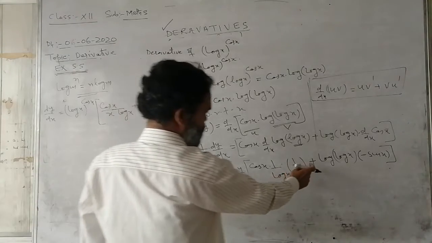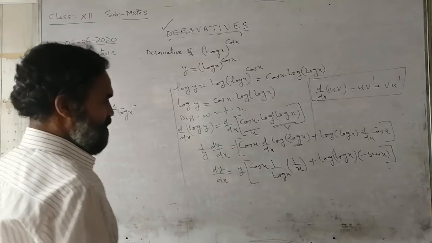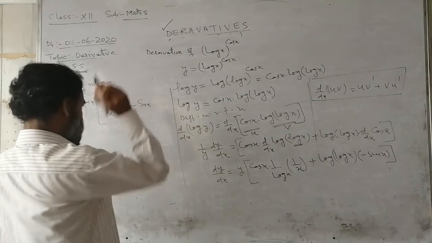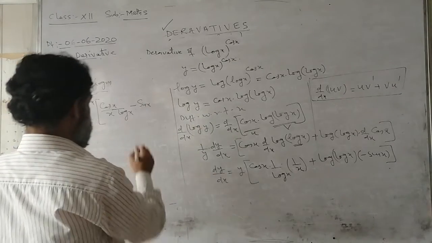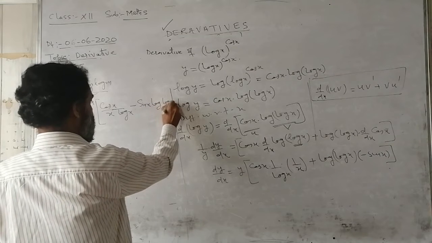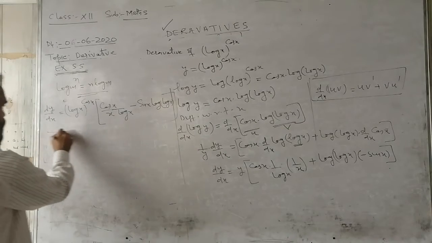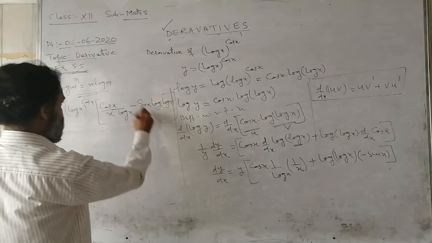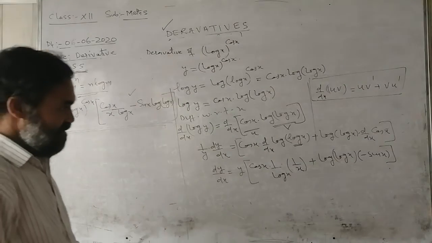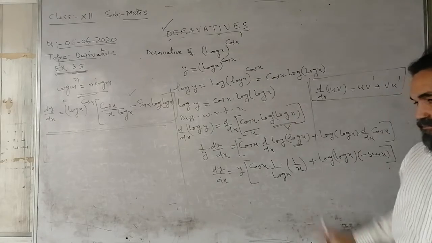This plus and minus can be written as minus here, and sin x can be written first, and log of x. So this is the derivative of the given function. So in this way logarithmic differentiation is done.